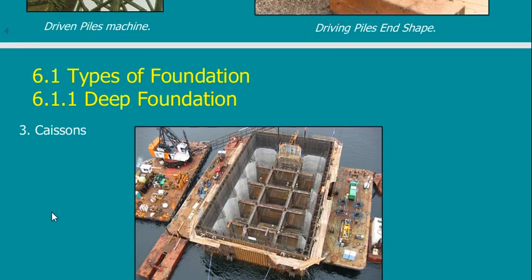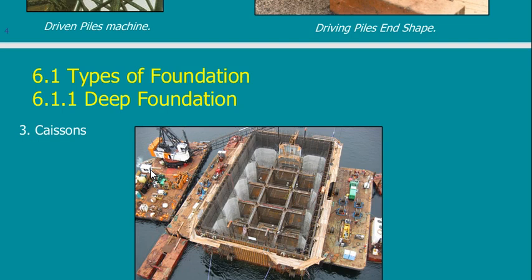If, instead of having a small circular pile, I have a very big pile, in this case I don't need to make it full from inside. Maybe I would have it as a ring. In this case, it is a caisson because it is a very big pipe that is hollow from inside.